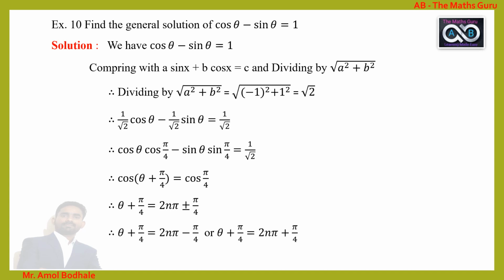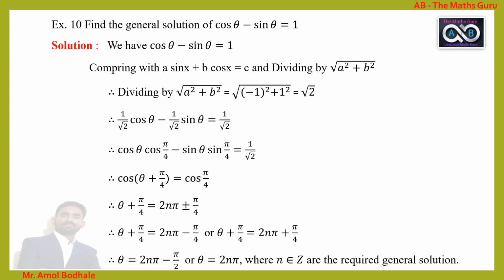So if we take plus, then we get theta plus pi by 4 equal to 2n pi plus pi by 4, and if we take minus, theta plus pi by 4 equal to 2n pi minus pi by 4. Here if we take pi by 4 to this side, we get minus pi by 4.